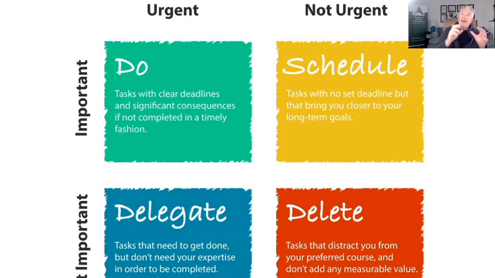Important but not urgent, things that we have to get done, maybe big projects, assignments, plans, strategies, but they don't have to be done right now. So we have to plan or schedule time for those.